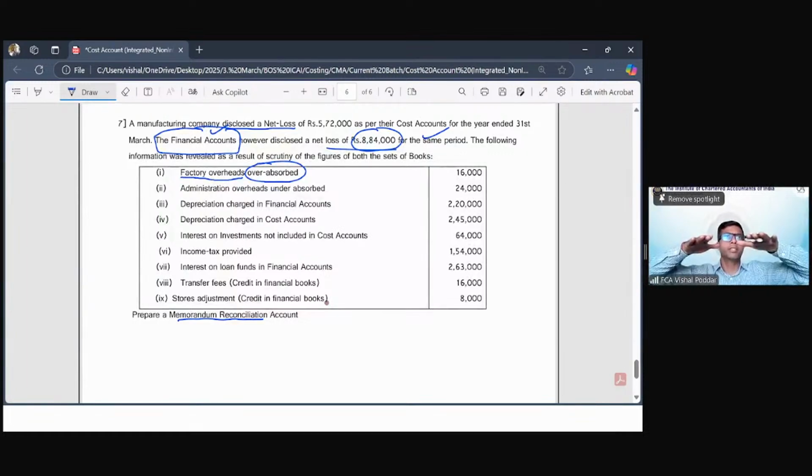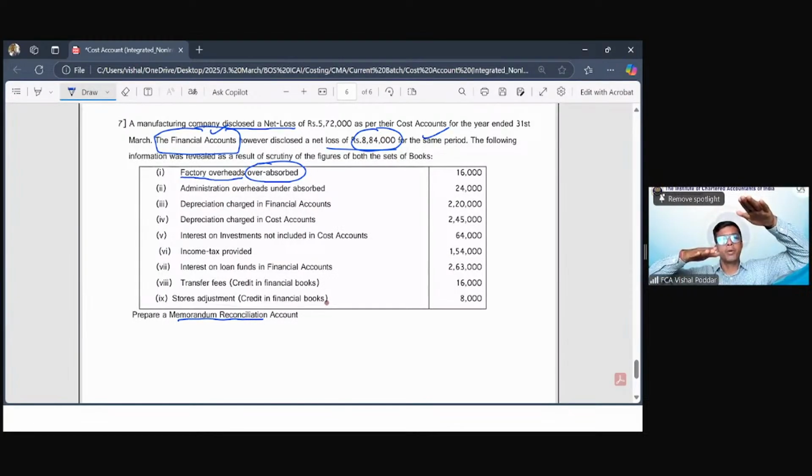Now understand this. If an expense is more in costing, what will happen to the loss? The loss would be higher. So the same hands method we will apply. The only difference is now these are my losses. So if the amount is over absorbed in my cost books, it means my cost books loss would be more. So this is the level which I get, level of losses.